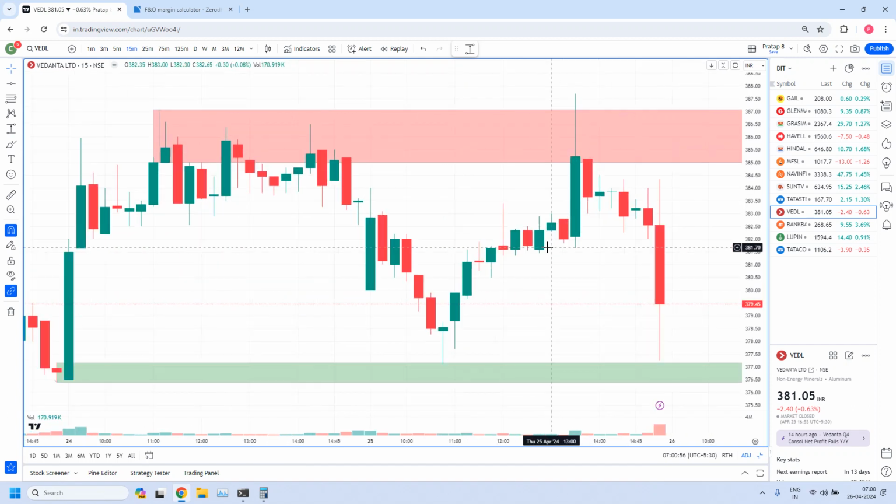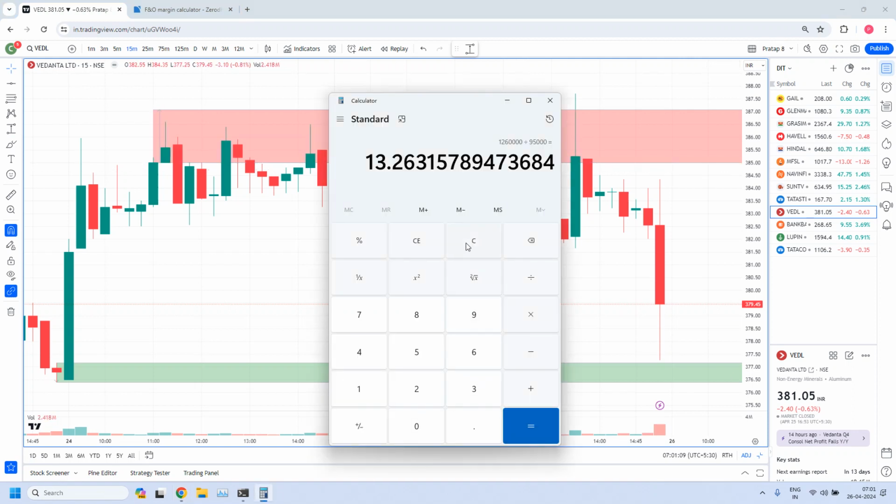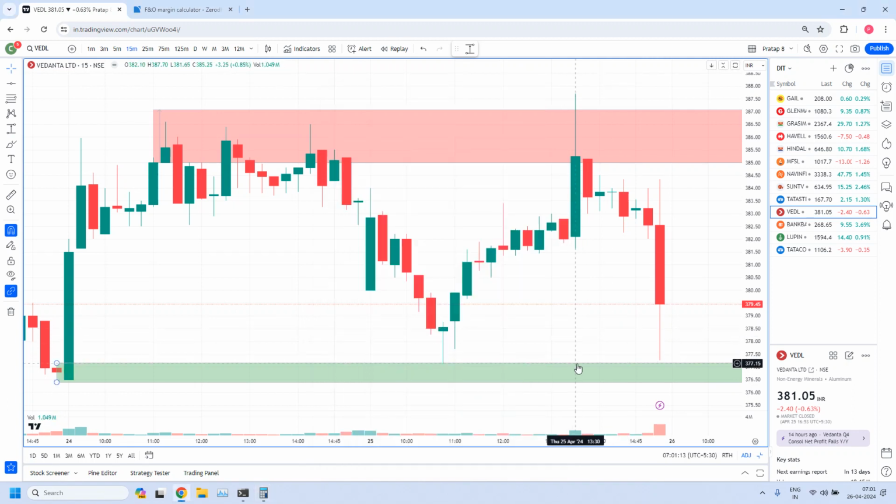How much profit would you have got? Let us calculate approximately. Our target is around 385 rupees. So 385 minus, what could be the entry? Somewhere here. Say 377 or 378, a little above, let us assume around 378.